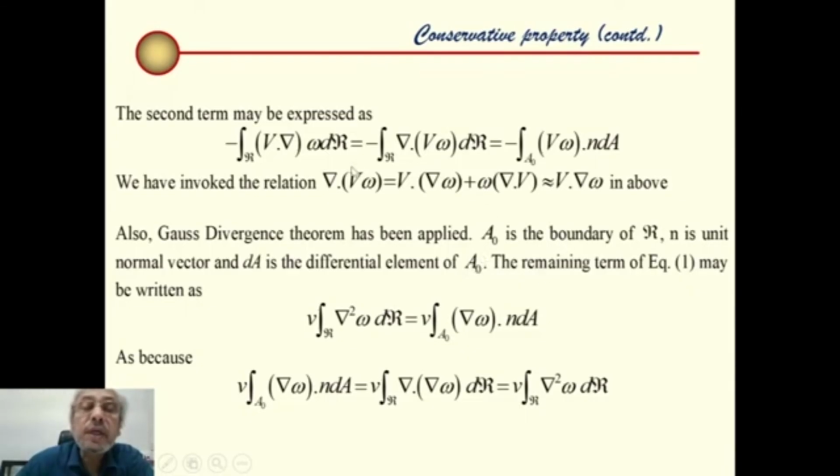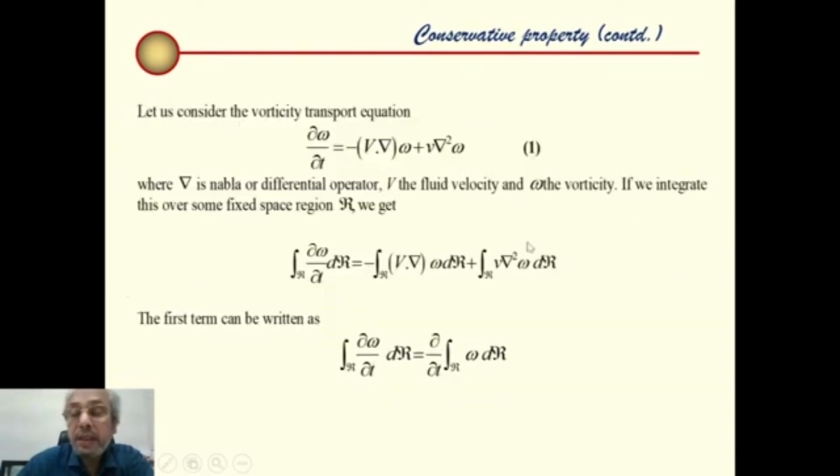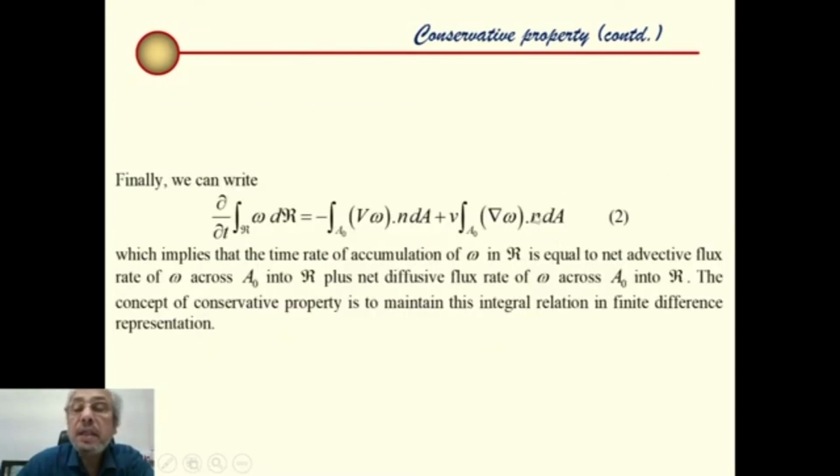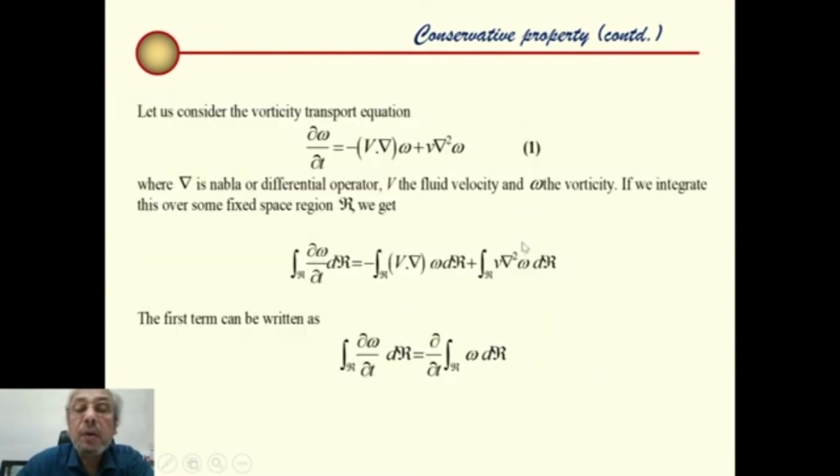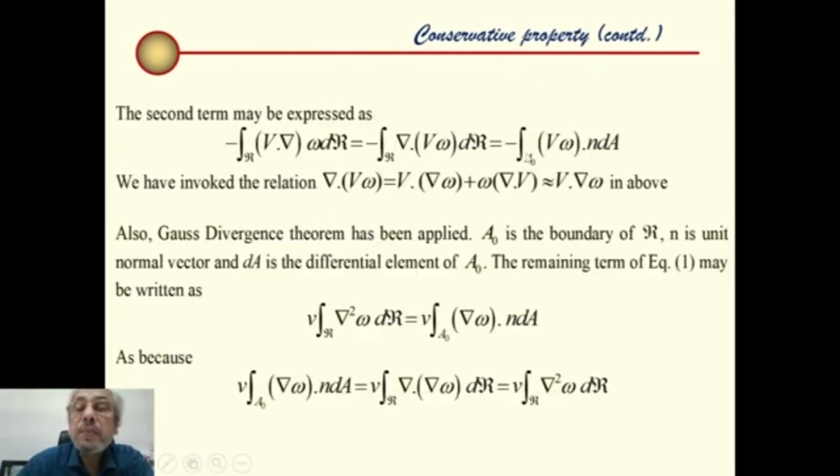Now, two terms, the temporal term and the advective term, we have handled. The temporal term we have seen can be written as del/del t of integral over R omega dR, and the second term can be written as minus integral over the area describing the space, v omega dot n dA.